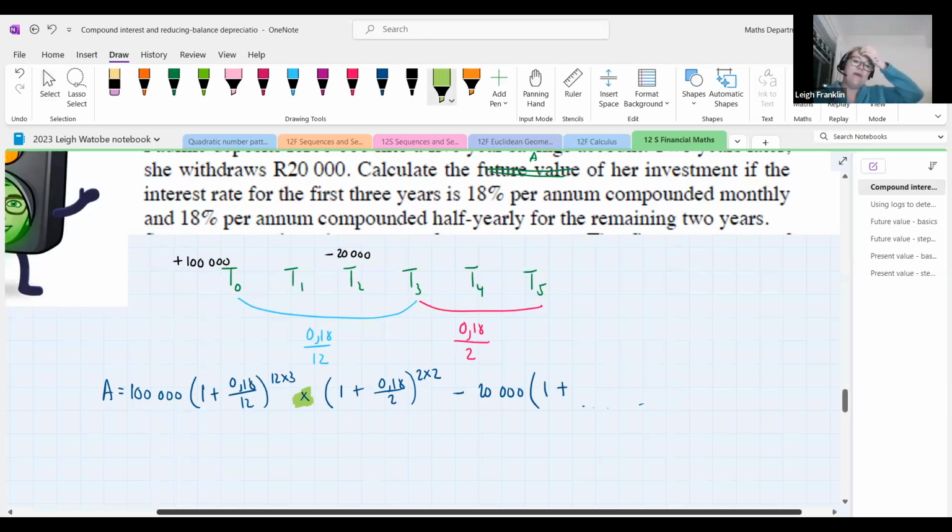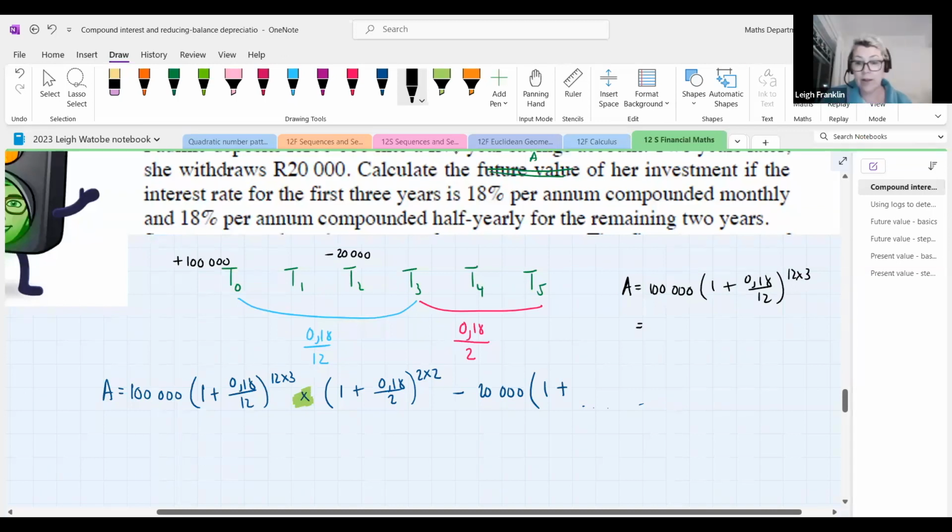So in other words, if I didn't tell you about the 20,000 Rand that came out of the account, and I just said to you that 100,000 Rand went in, it first earned interest at 18% compounded monthly, and then 18% compounded half yearly, you could do it in 2 steps. So you would go A equals the 100,000, and it would be 1 plus 0,18 over 12, and then you'd go 12 times 3, and then you would work out what A is, and you'd round your answer to 2 decimal places.